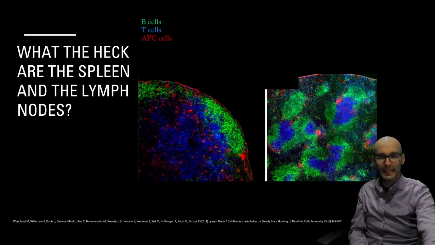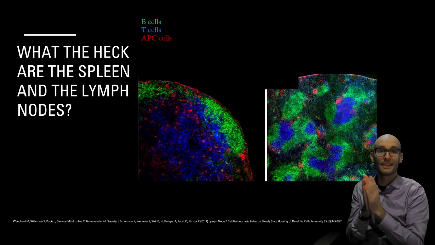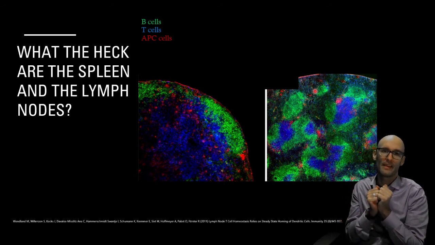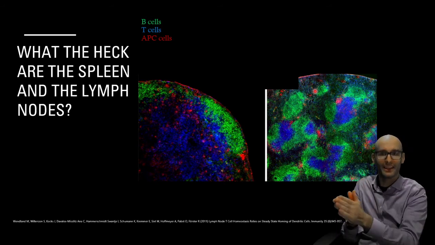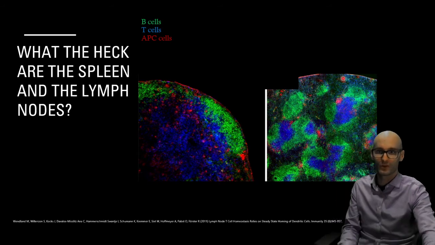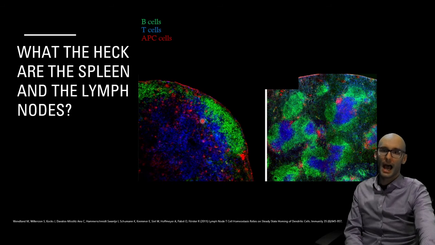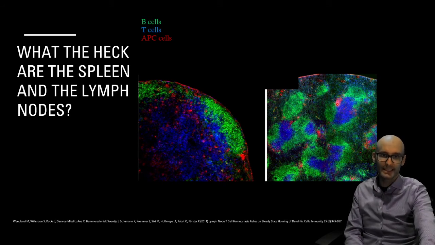And so you can see here you've got these sites in the spleen and in the lymph node of antigen presentation. You've got these innate immune cells that have phagocytosed pathogens and are now exposing the antigens to the T cells in these immune organs. You can actually see nicely in the spleen that the T cells are most in contact with these antigen-presenting cells.